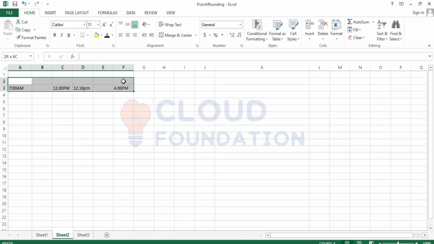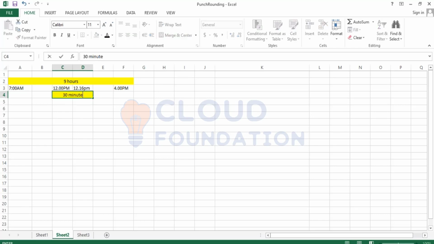So the total time this person has worked is 9 hours, from 7 to 4, but since my minimum break is 30, my break would be 30 minutes, and I'm going to perform some rounding.